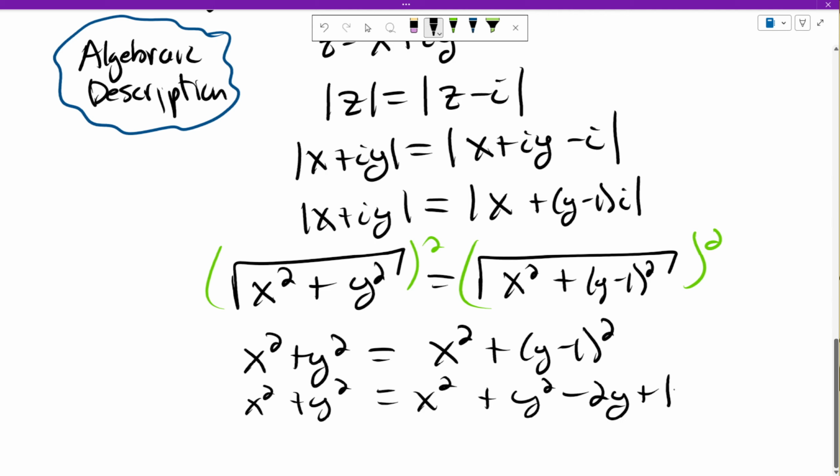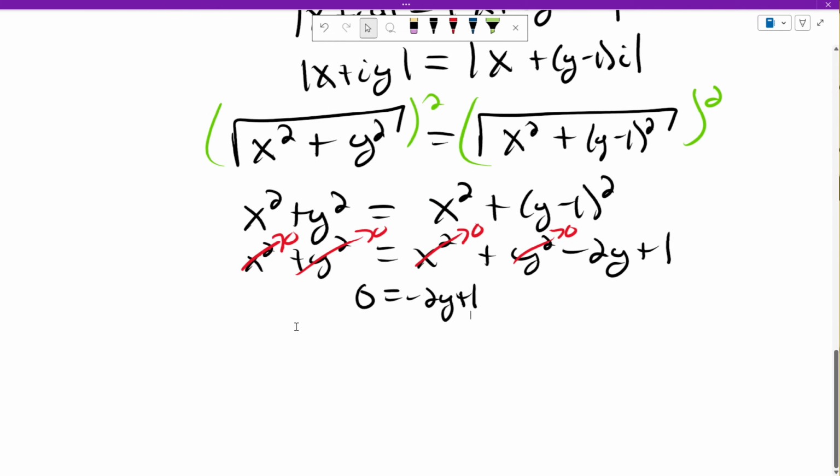Now what do we notice here? We notice that on both sides of this equation, there's an x squared, so we can cancel, and there's a y squared, so we can cancel. We're left with 0 is negative 2y plus 1, and that is easy to solve for y. That's y is 1/2.